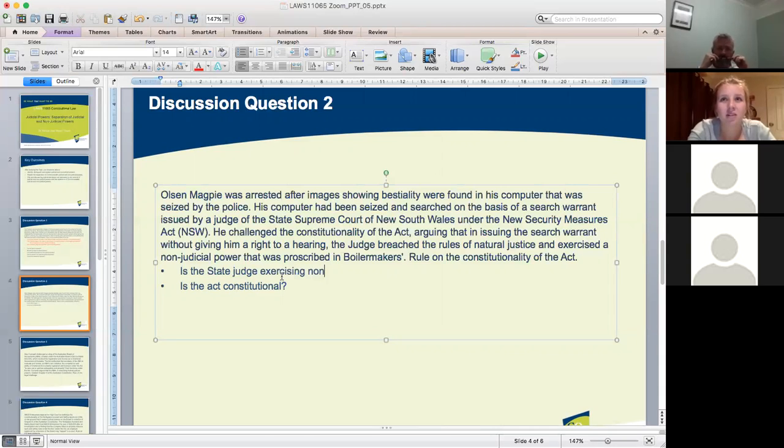I'm just choosing it broadly, whether an ordinary state judge or a state Supreme Court judge. So in general, is a state judge exercising non-judicial powers?